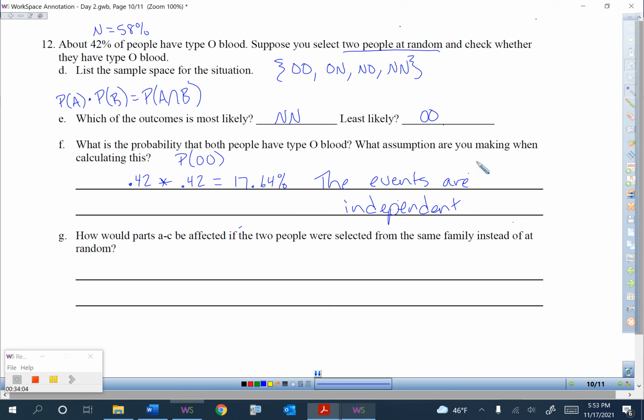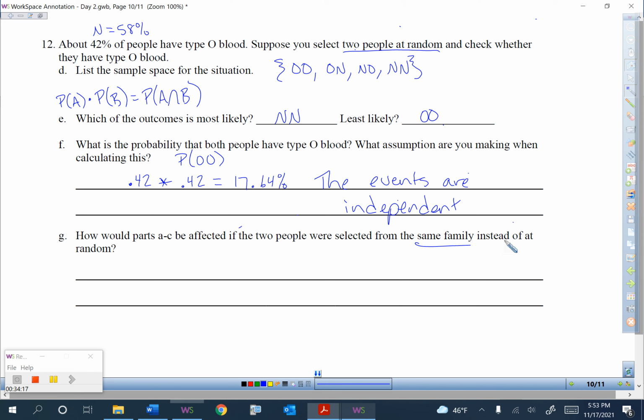And that's a good assumption to make if we're selecting two people at random. But on the next part it says, what would happen if the two people weren't selected at random, if they were in the same family?